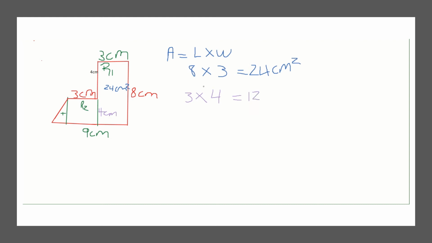So the area for R2 would be 12 centimeters squared. So this is R1 and this is R2. Okay, now that we have the area for R1 and R2, we can go ahead and find the area of the triangle section.